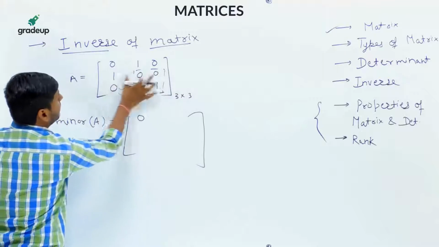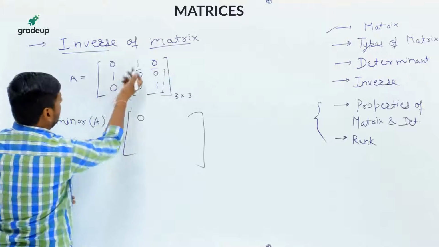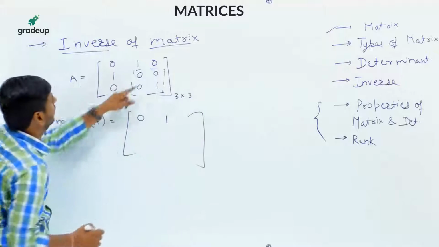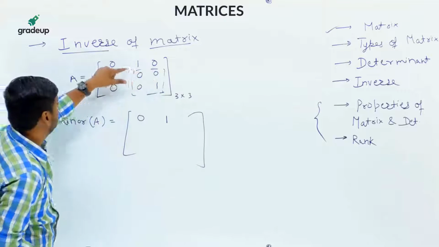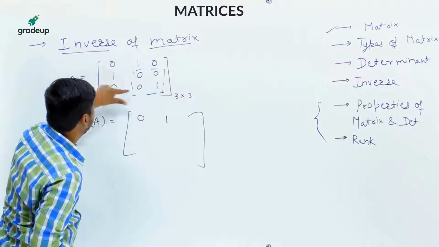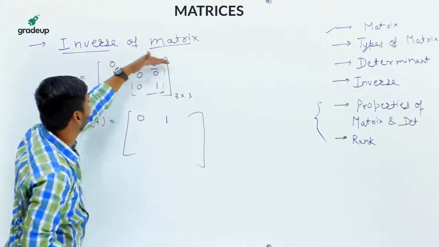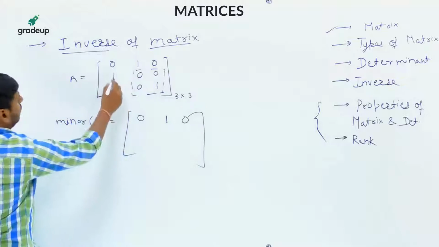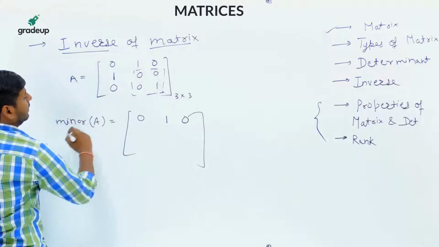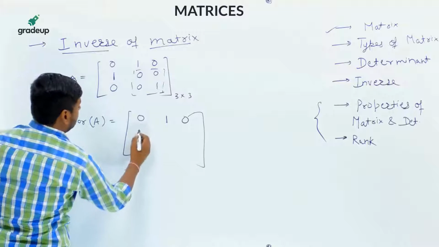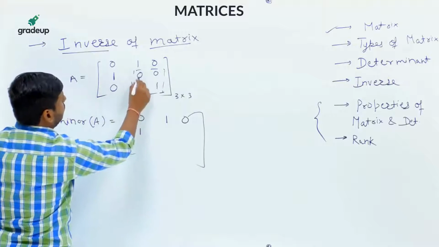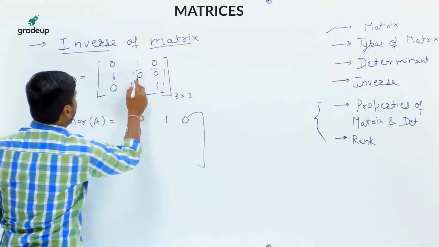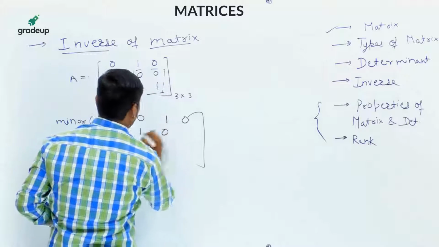So the determinant is 1 into 1 minus 0, that is 1. Now the determinant of this matrix 1 0 0 0, because we remove this row and this column, is 0. The minor of this element is 1 into 1 minus 0, that is 1. The minor of A22 is 0 minus 0, that is 0.